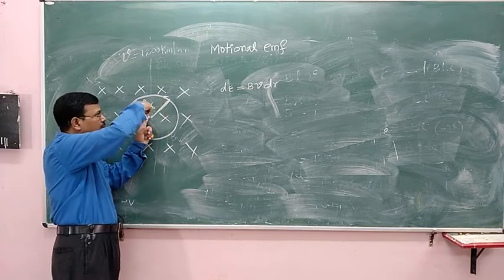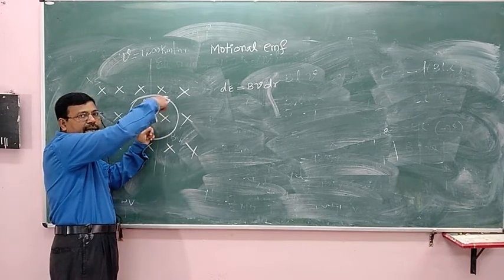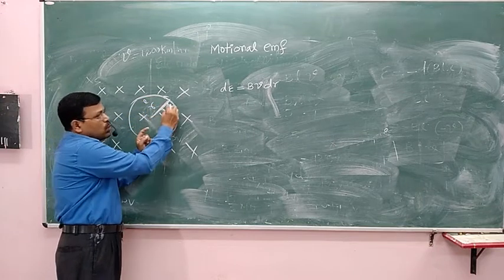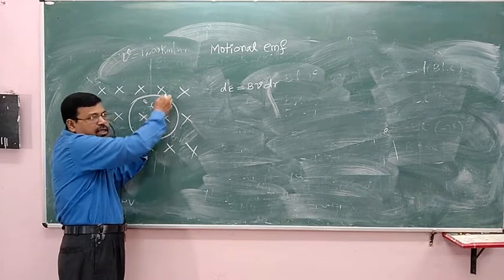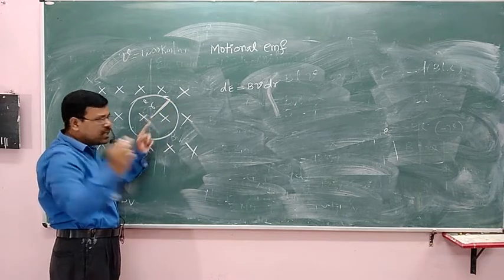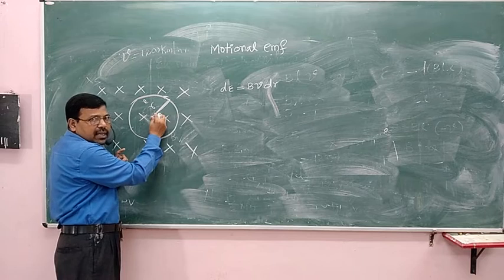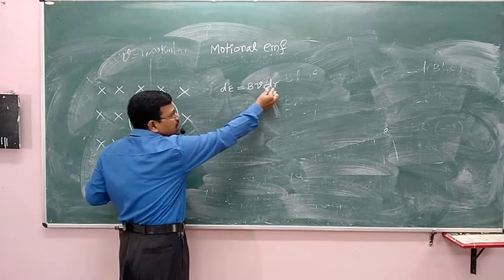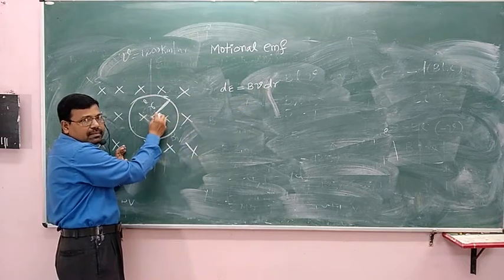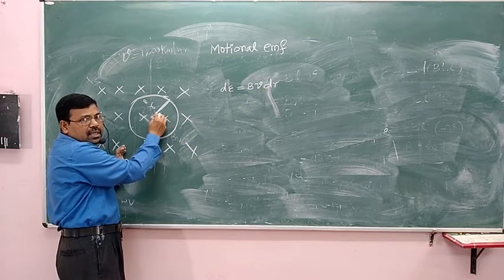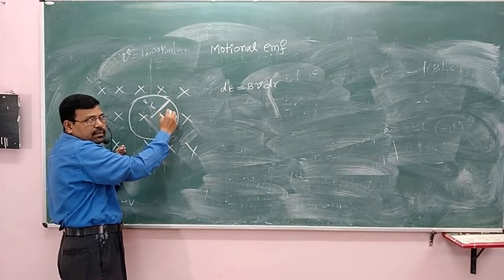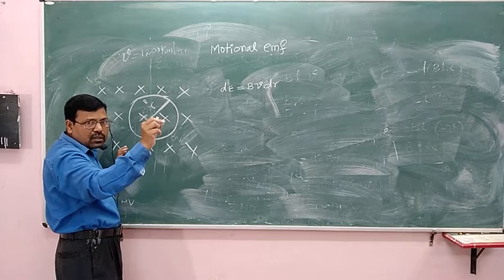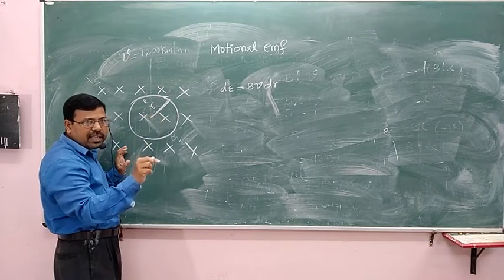The length of the conductor is L, which is equal to the radius. So dE is the small induced EMF produced in the small length dr due to the change in magnetic flux. For a small distance, it appears to be a linear motion.